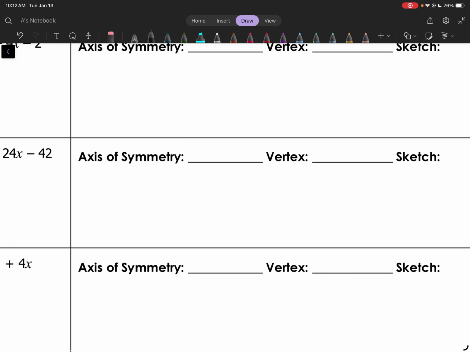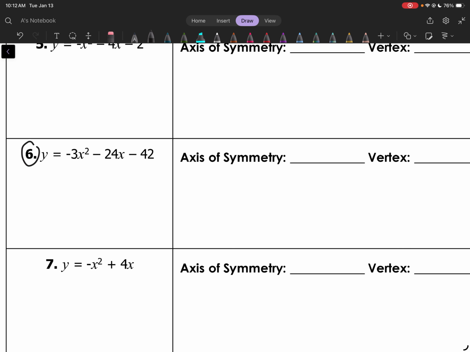Okay, number 6. I want to identify my A, B, and C values. My A is -3. It's important to note this opens down. My B value is -24.